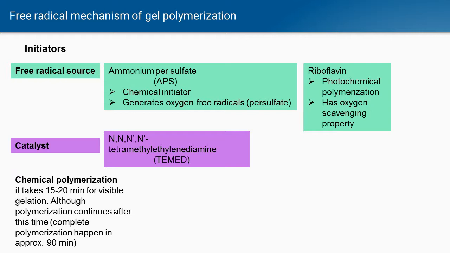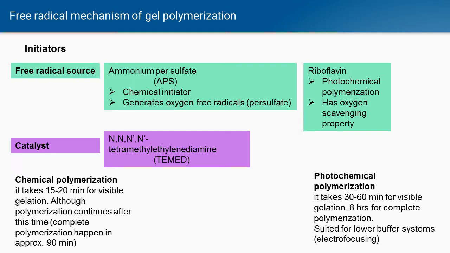If we are using riboflavin only, we call the process photochemical polymerization. Visible gelation takes 30 to 60 minutes, which is more in comparison to chemical polymerization, and complete polymerization takes 8 hours, which is also more than the 90 minutes of chemical polymerization.